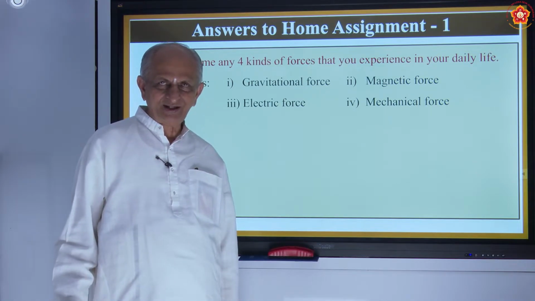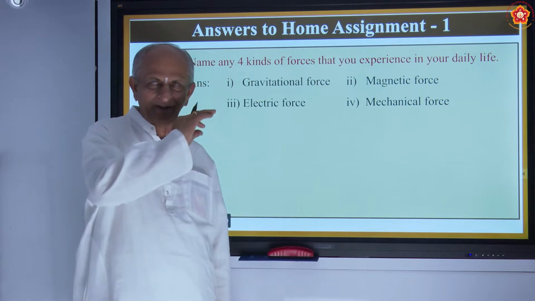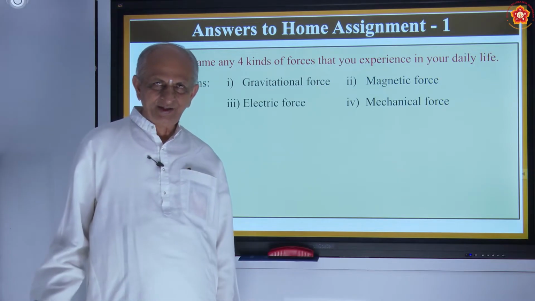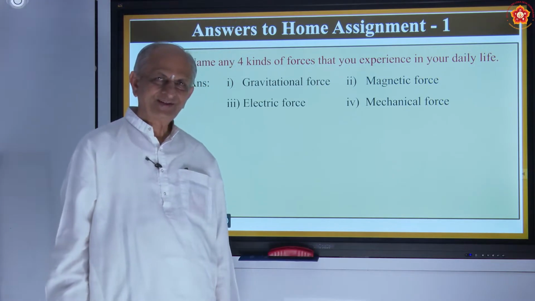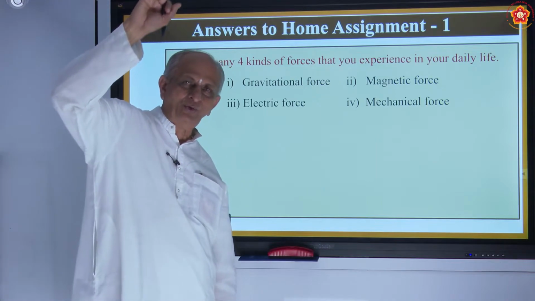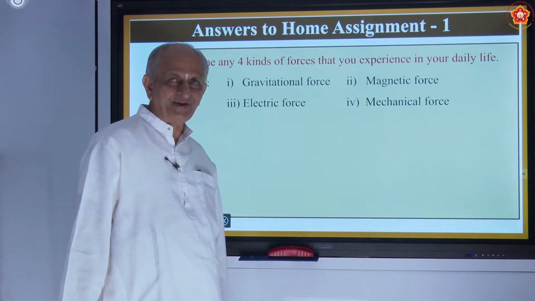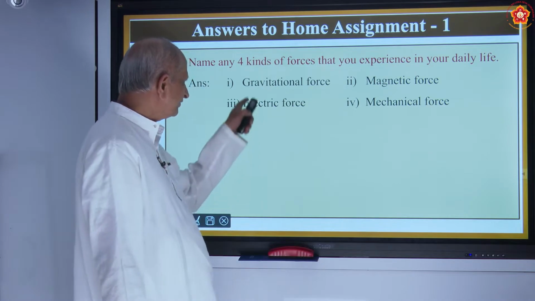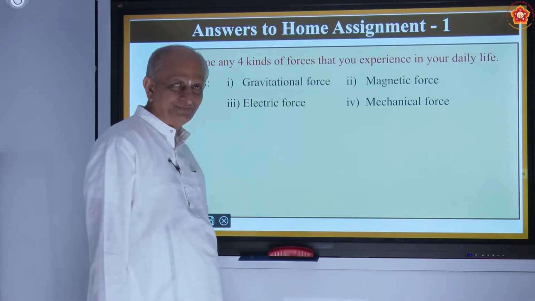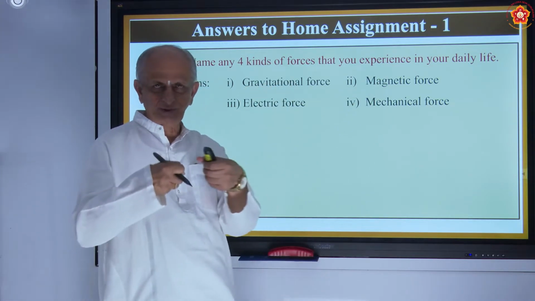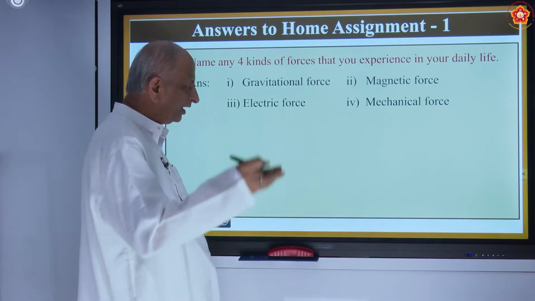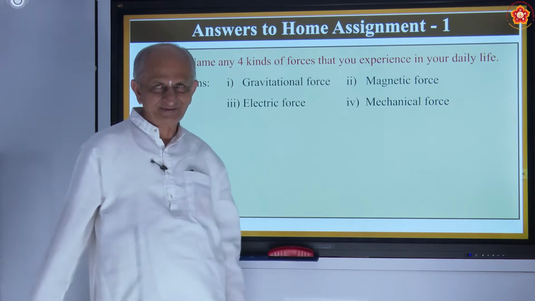A boy or a girl, for high jump, there will be a rod. You jump that rod. Even if you jump it, you are bound to come down. Why do you come down? Because of gravitational force.